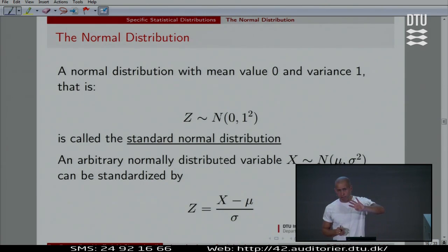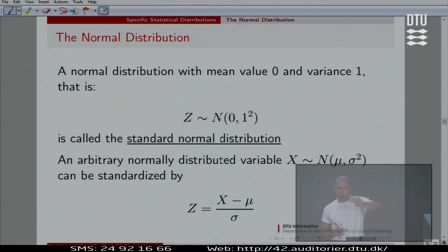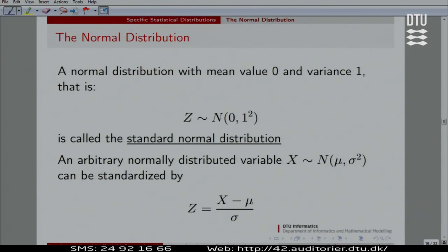This property of shift and scaling, we can use explicitly when doing hand calculations with the normal. That can be quite convenient. Usually we use Z for the standard normal.